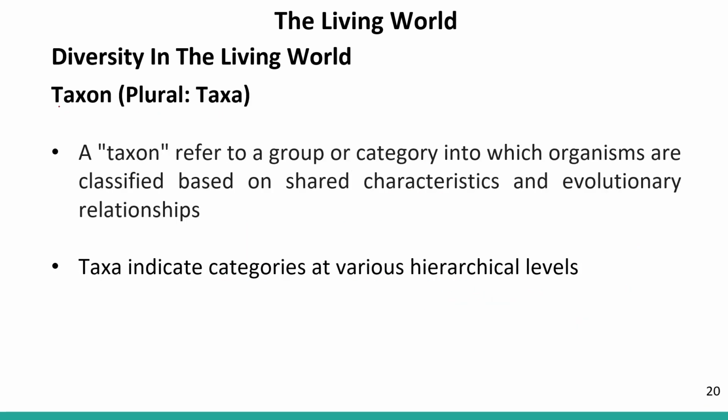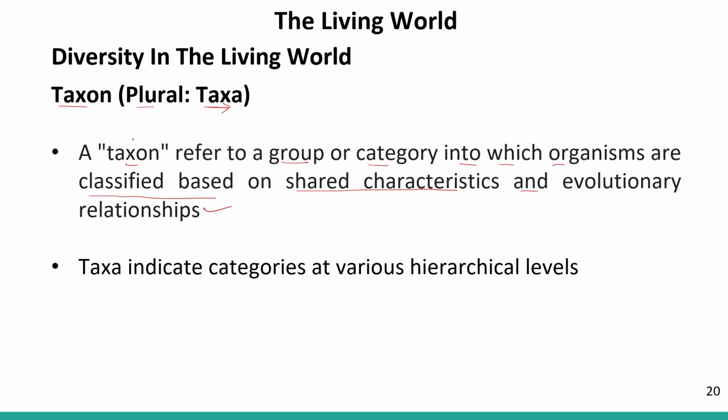Now the next term is taxon. Taxon is singular, the plural of taxon is taxa. So how can taxon be defined? A taxon refers to a group or category into which organisms are classified based on shared characteristics and evolutionary relationship. This is known as a taxon.